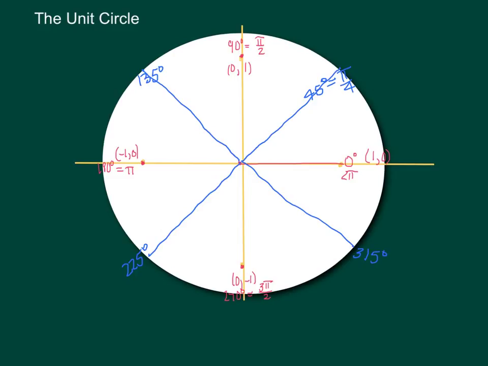So these are my fourths. So this is 1 pi over 4, 3 pi over 4, 5 pi over 4, and 7 pi over 4. So the way that it works is 1, 3, 5, 7.